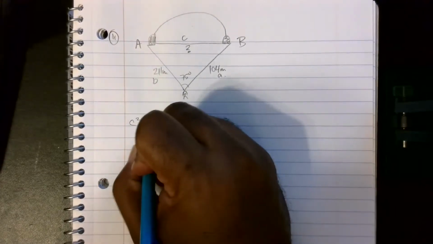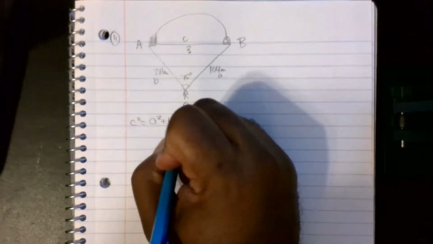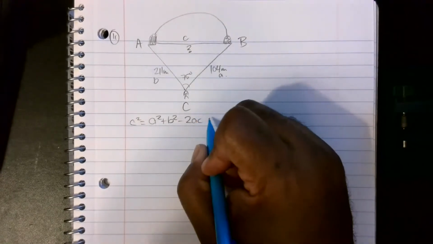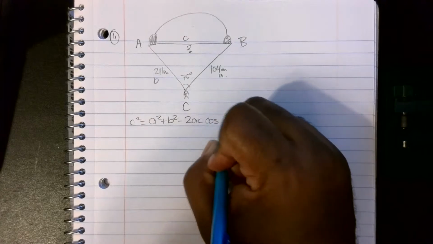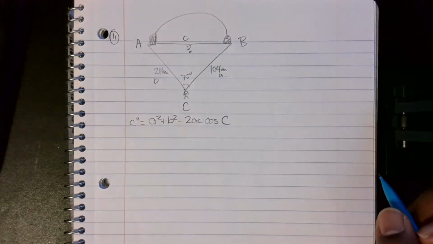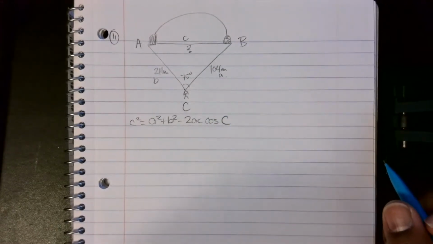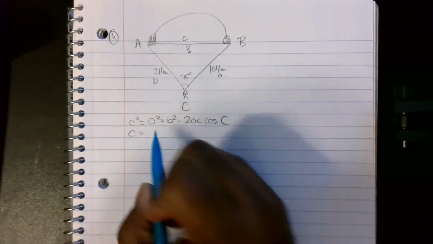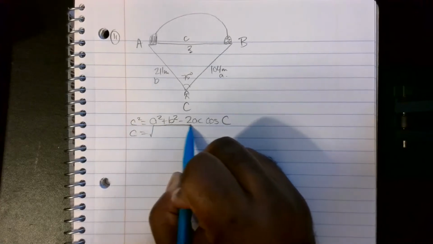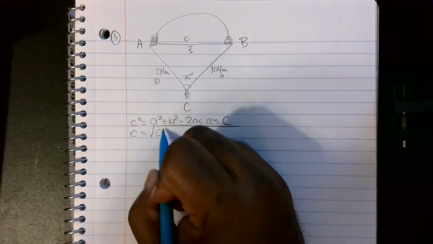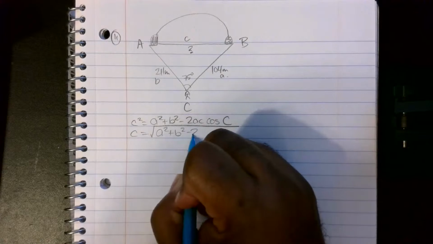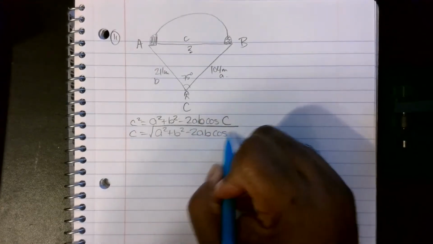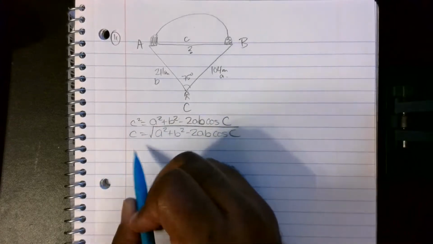C squared is equal to A squared plus B squared minus 2AB cosine C. Okay. So you can also say that C is the square root of A squared plus B squared minus 2AB cosine C. And then you substitute in your numbers.